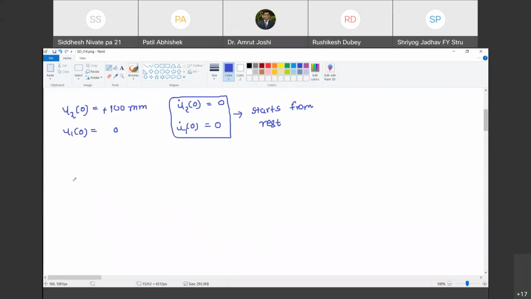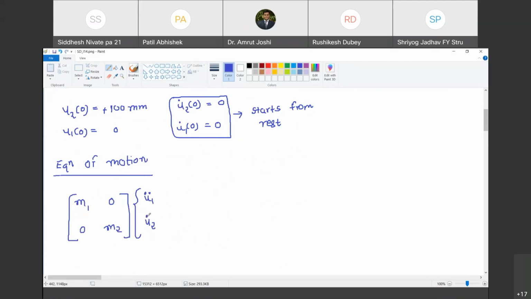Have we derived the equation of motion? Yes, we already did that yesterday. Are you with me? So can I write down this equation of motion easily? We have a mass matrix, so I'm going to write it as M1 0, 0 M2, then U1 double dot of T, U2 double dot of T. Happy?